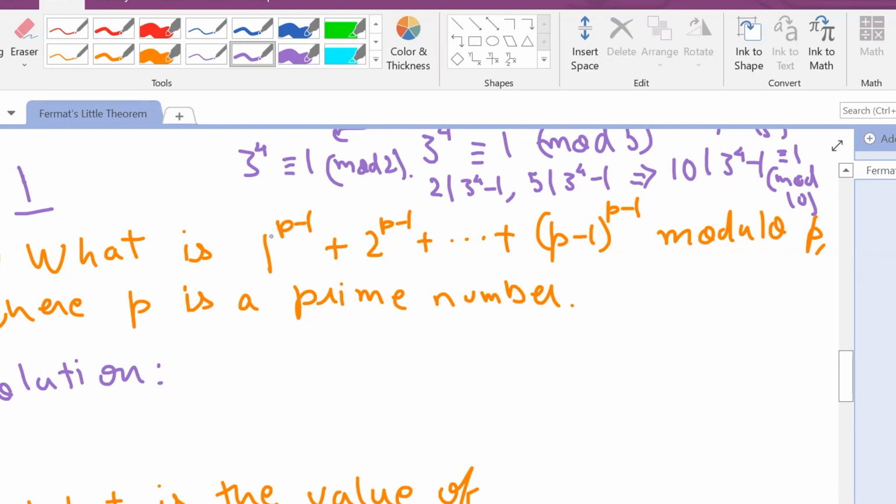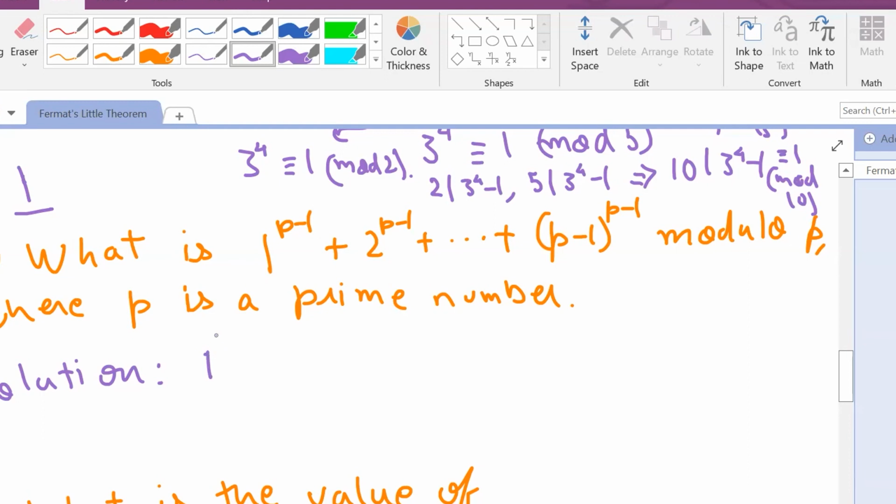Wonderful. Now, if each of them has GCD 1, then what is each of these powers congruent to exactly? Again, applying Fermat's little theorem, they're all congruent to 1 mod p, right?